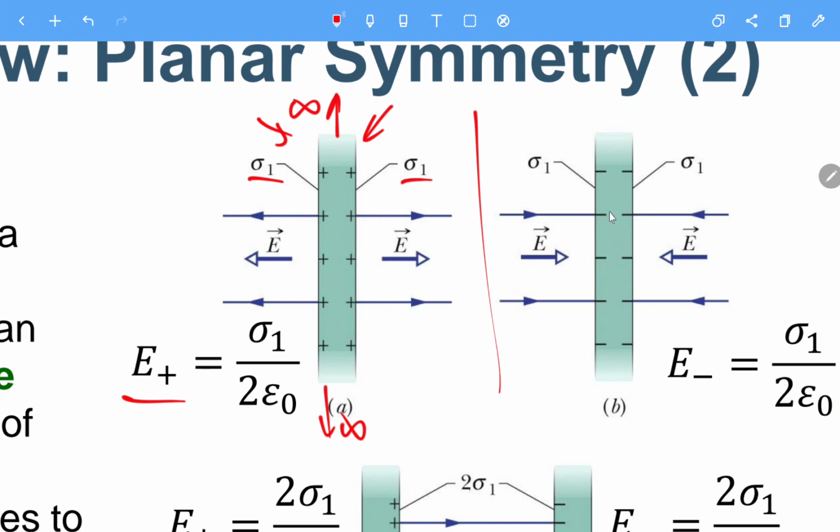So when we see this one, try to forget this one. Here we have a negative plate, with both sides carrying the same charge density, sigma 1.